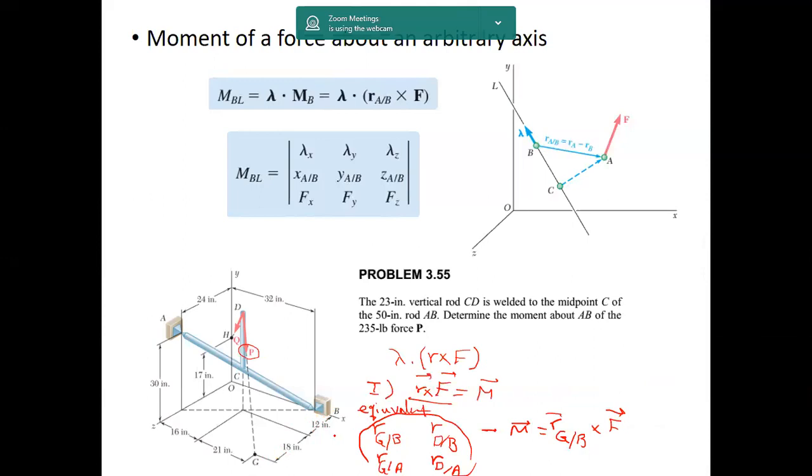So from B to G, the third component of this R would be 0. Any questions?